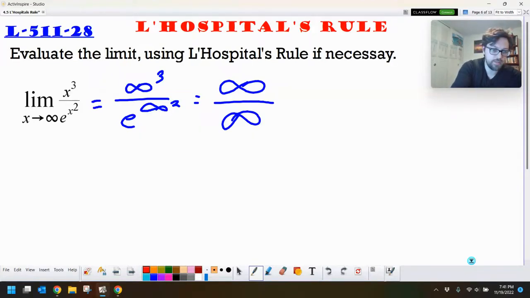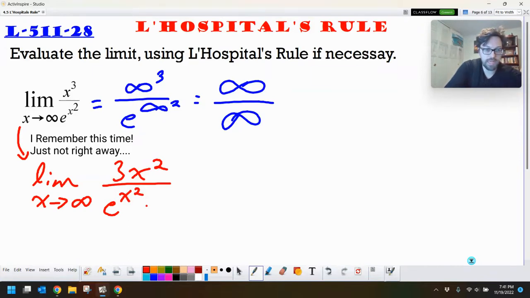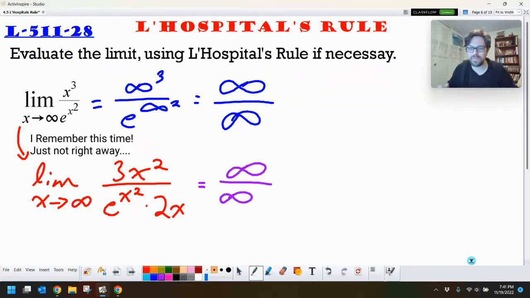So this is equal to the limit as x is approaching infinity of 3x squared over e to the x squared multiplied by, doing a chain rule, 2x. And then we would try to direct substitute this thing, and it's still infinity over infinity. That numerator is going to be infinity, and that denominator is going to be infinity too.